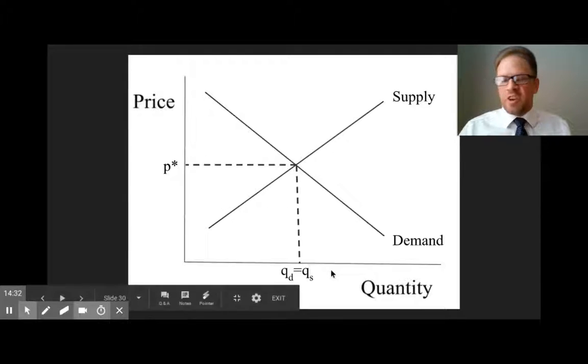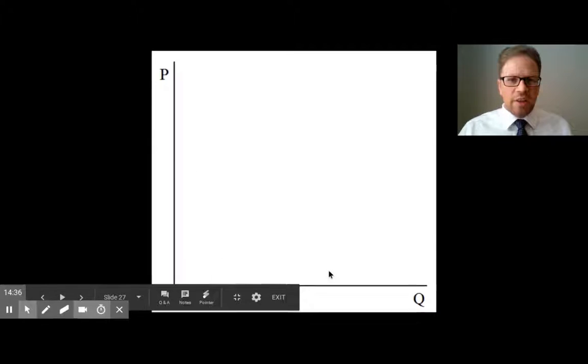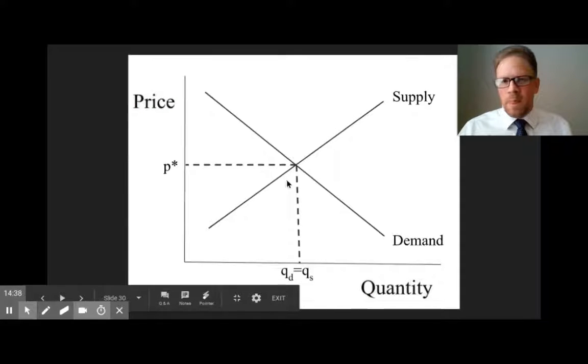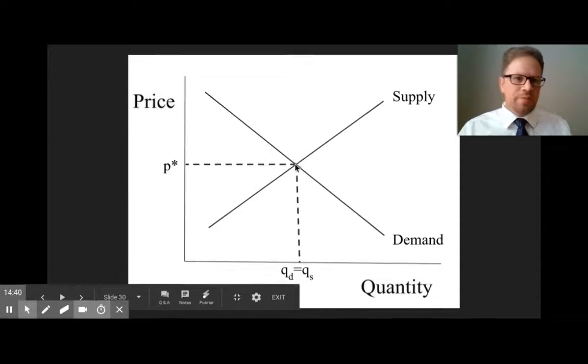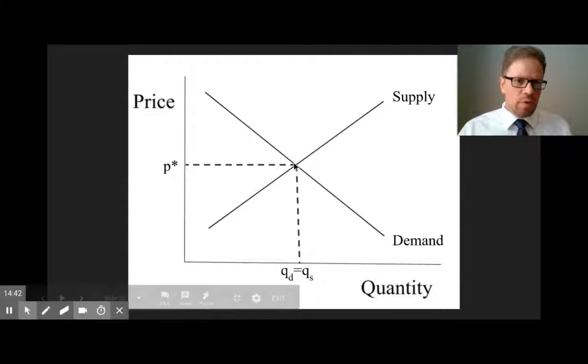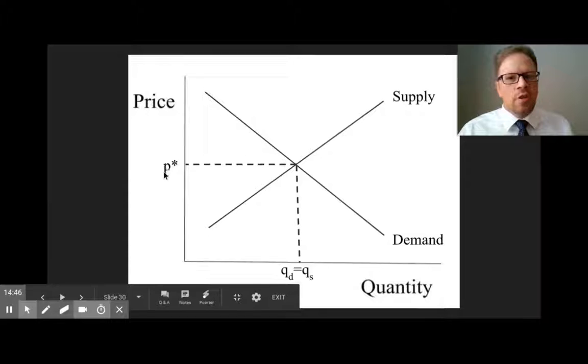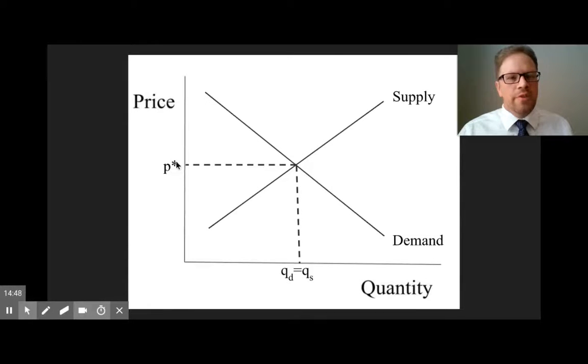If you're ever looking for the equilibrium price and you don't know where to find it, X marks the spot. That's where you find it. And from this point, equilibrium price, equilibrium quantity. Notice this little star, this means equilibrium price. It's just so you know that it's not just a generic price.